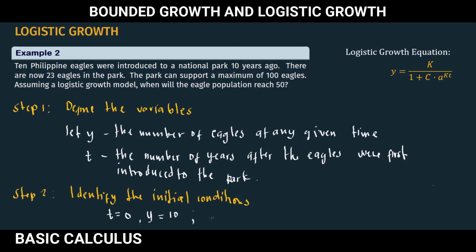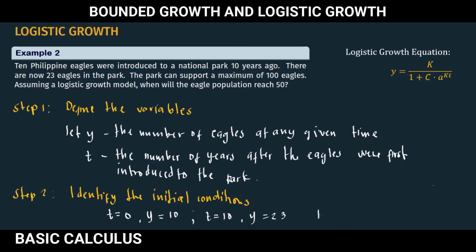Also, since there are now 23 Philippine eagles in the park, that means at t is equal to 10, the number of Philippine eagles in the park is equal to 23. So this is now our second initial condition.